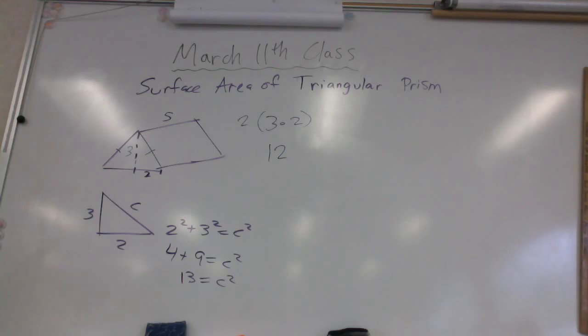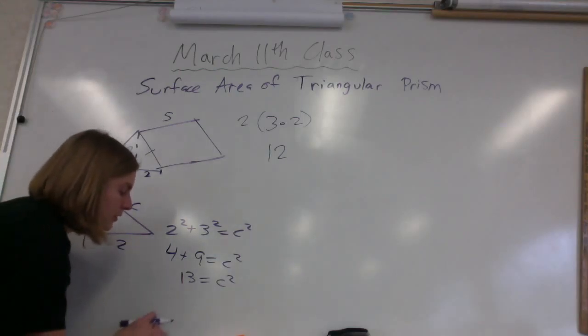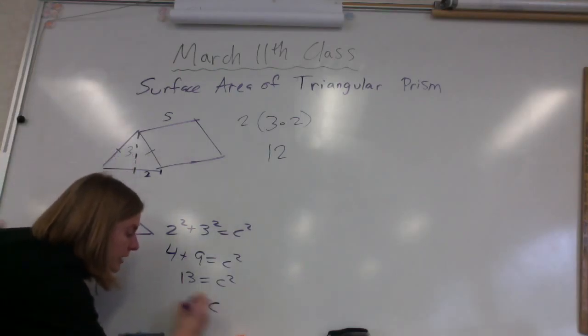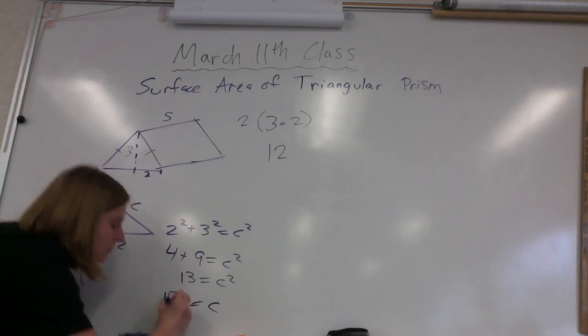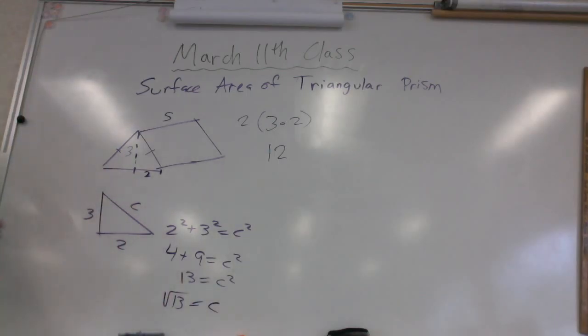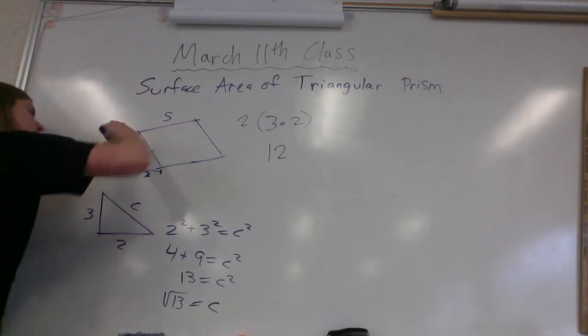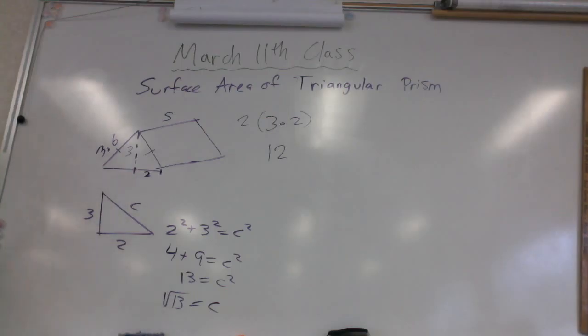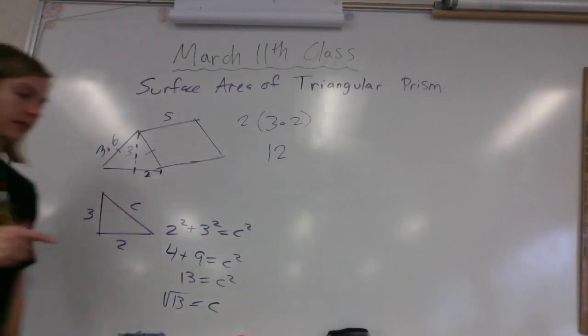So square root it. So in this case, we really do need what c equals. So we need to find the square root of 13. Yeah, 3.6. Awesome. So that diagonal is 3.6. Okay. So you can't forget things in math. Everything comes back around.